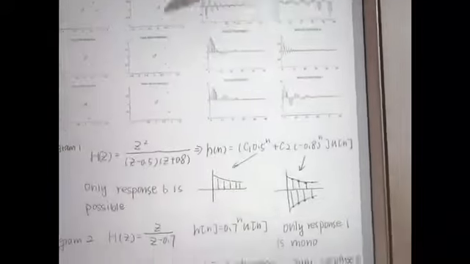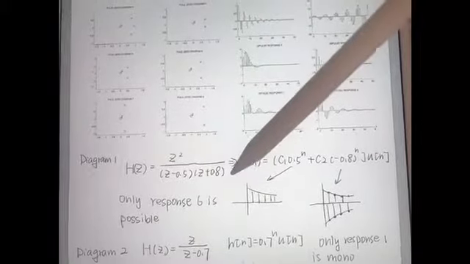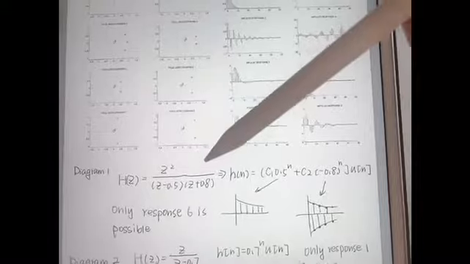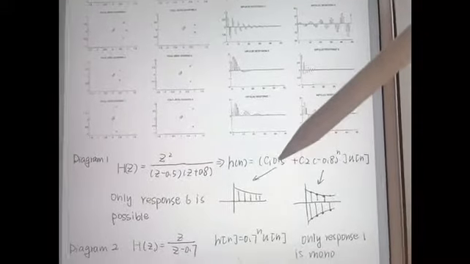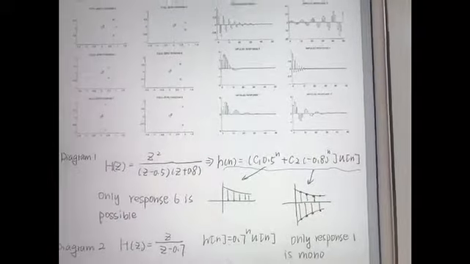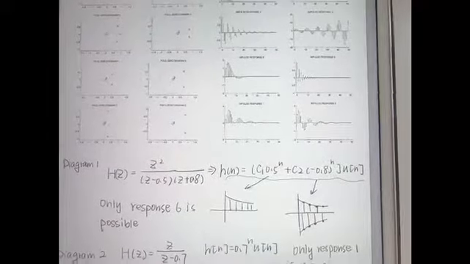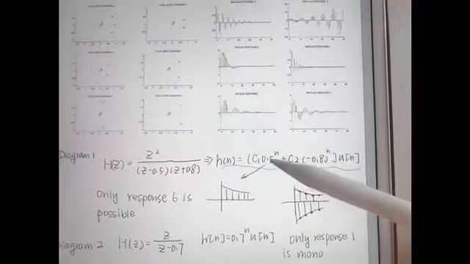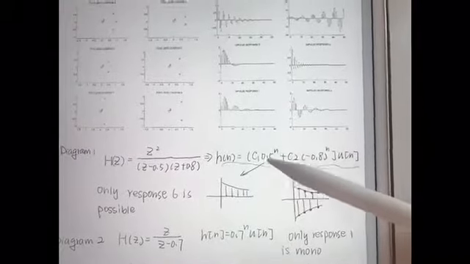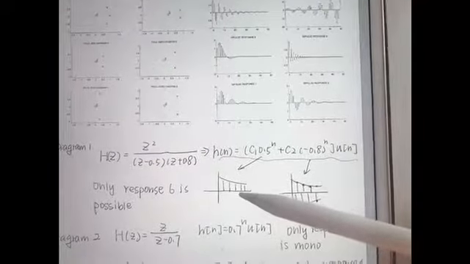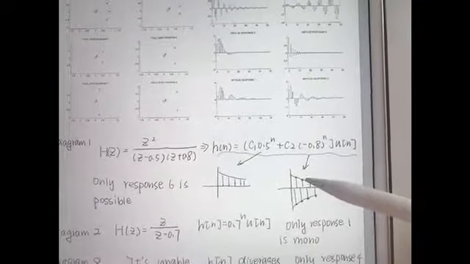So we can write the expression into this form, and we do the inverse transform. We got h of n, which can be written into this expression, and this is composed of 2 parts. The first part looks like this, and the second part looks like this, the double-sided one.